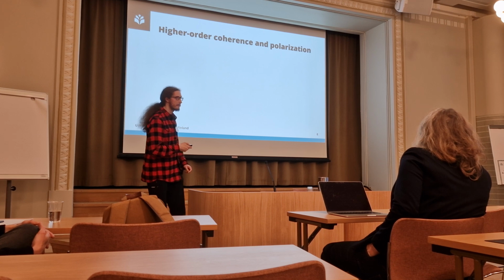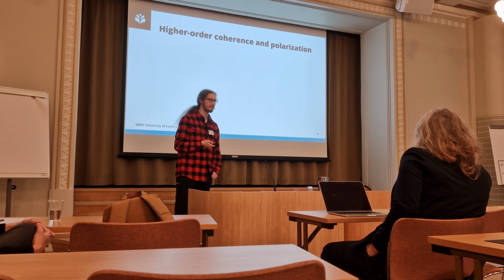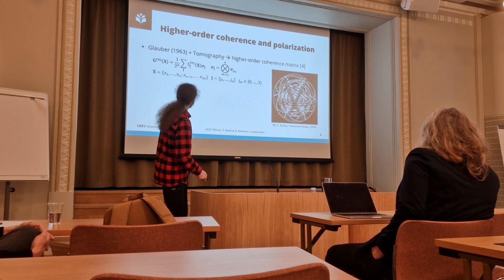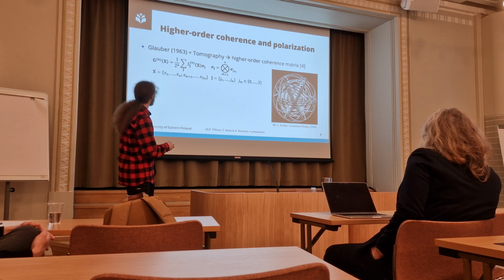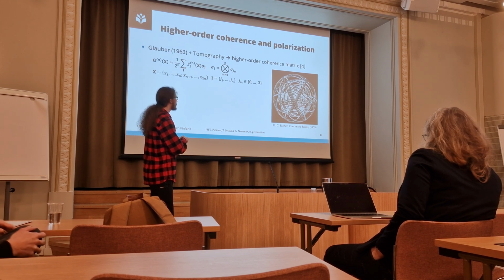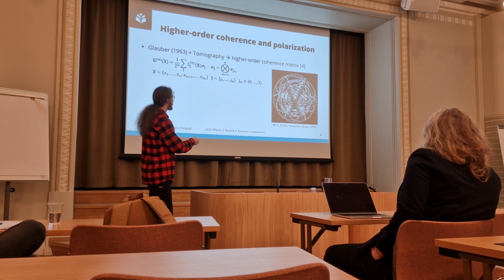And now, how do we describe the coherence and polarization state of light in the higher orders? It's a bit more complicated, but it goes quite similarly. So if we utilize Glauber's theory of coherence, which actually was in the Nobel Prize initially, and combine it with quantum state tomography, we can describe a higher order coherence matrix.